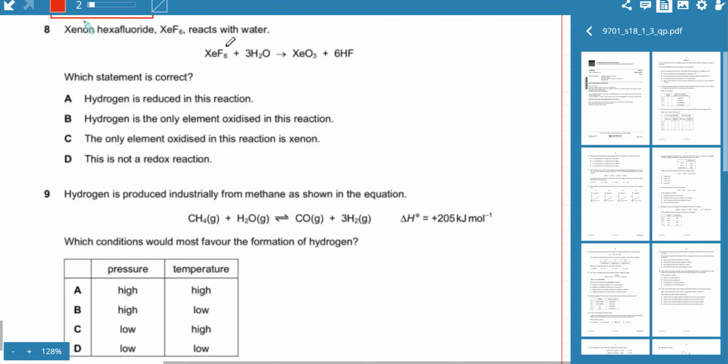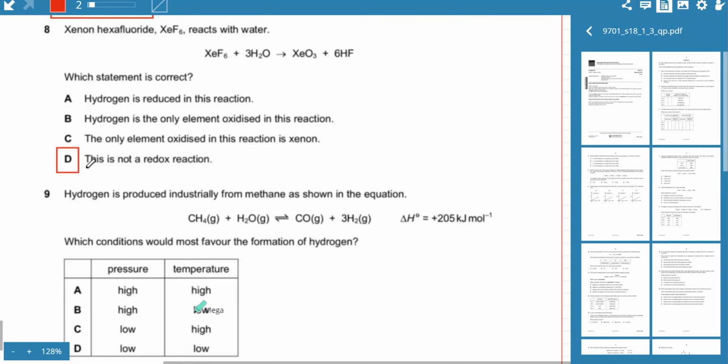So there's 6 fluorines. So Xe must be +6. And over here there are 3 oxygens. Oxygen is -2. If it's -2, then again Xe must be +6 because there are 3 oxygens. So this is not a redox reaction. So it's D that is the answer. Okay, they already gave an option D, not a redox reaction.